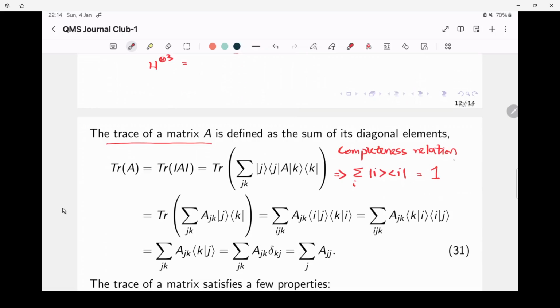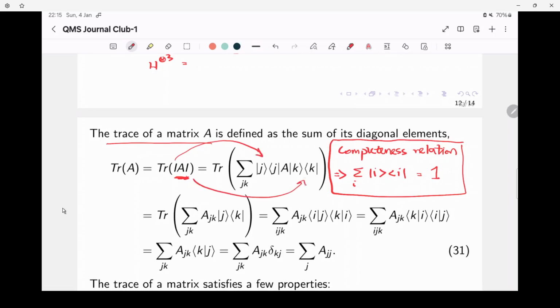And you will keep on using this when you want to, for example, write down the matrix elements of a certain matrix, which is what I did over here. So if you have the trace of matrix A, it is equivalent to identity multiplied with the matrix A and then multiplied with the identity matrix again. So over here, I applied the completeness relation. This is the first one.